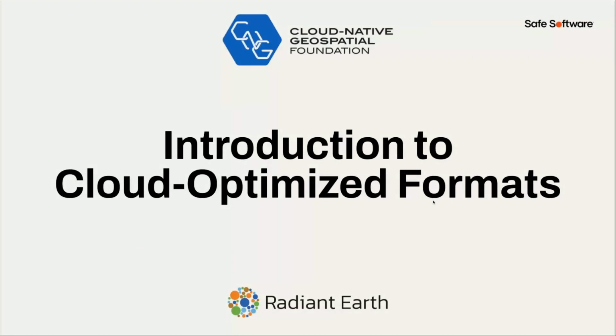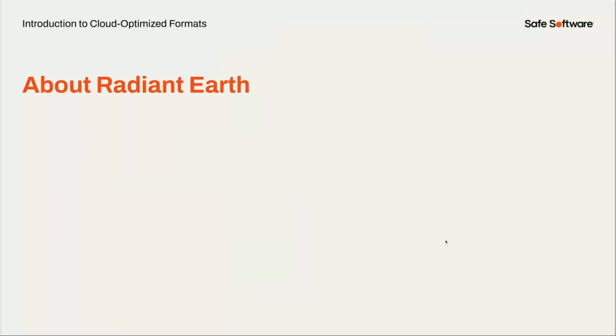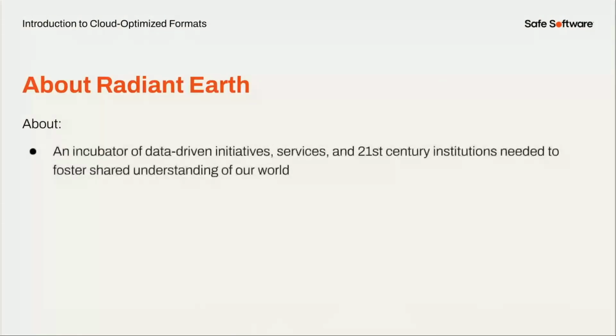Before I get into that, I just wanted to share a little bit about the organization I'm coming from. Radiant Earth is the general organization that I am a part of, and our mission is to be an incubator for data-driven initiatives, services, and 21st century institutions needed to foster shared understanding of our world.